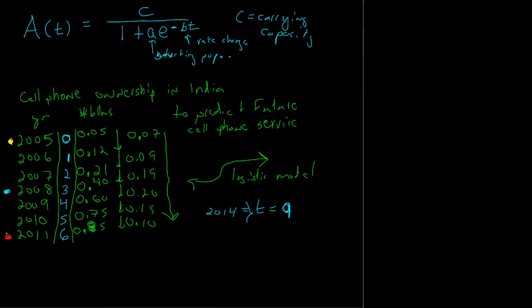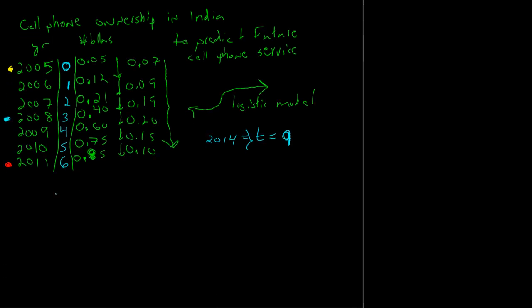So I picked three data points that spread across the data, that way I wouldn't bias any of these things. But we have our logistic model, so we're going to need to work these. We're going to solve for A, B, and C so that we can take our logistic model and actually have something where we can predict the future. And we're going to notice we have an exponential embedded in a denominator.